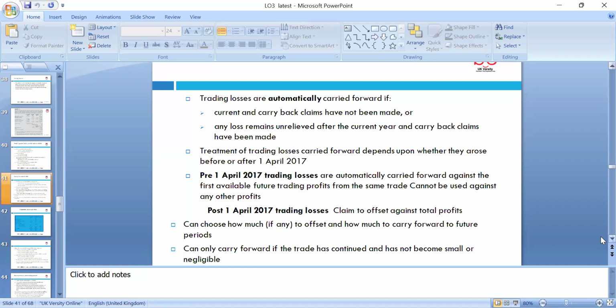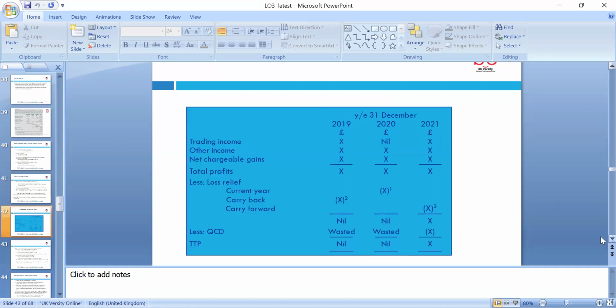So we can look at the 1st April. The pre-trading losses are automatically carried forward against the first year. So we claim first, and then the remaining we can carry forward up to 5 years. It is always good to claim earlier first. Like here we can structure 2019 to 2021 trading income.